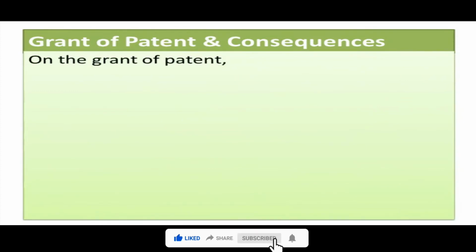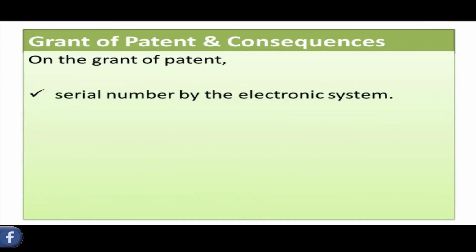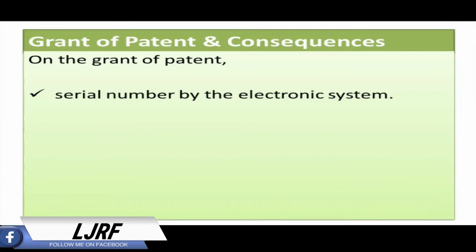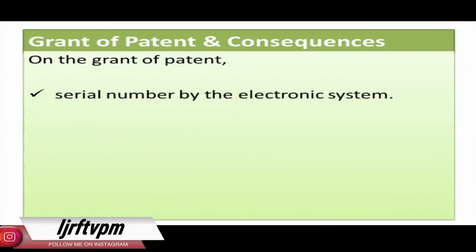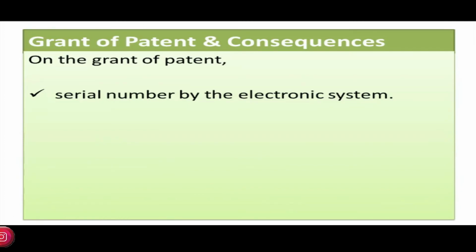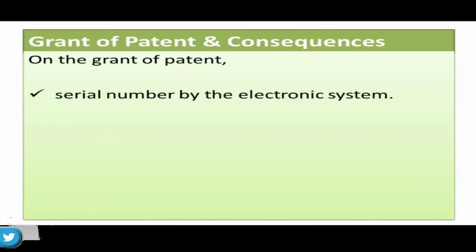On the grant of a patent, there will be a serial number electronically produced, which will be granted to the person. It will be as good as an admission number which you get once you take an admission in an educational institution. It will be unique.